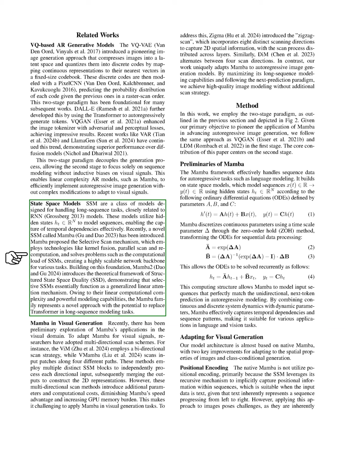Mamba 2 further develops this by introducing the structured state-space duality framework, showing that selective state space models function as a generalized linear attention mechanism. With their linear complexity and strong modeling capabilities, the Mamba family presents a promising alternative to transformers for long sequence modeling tasks.